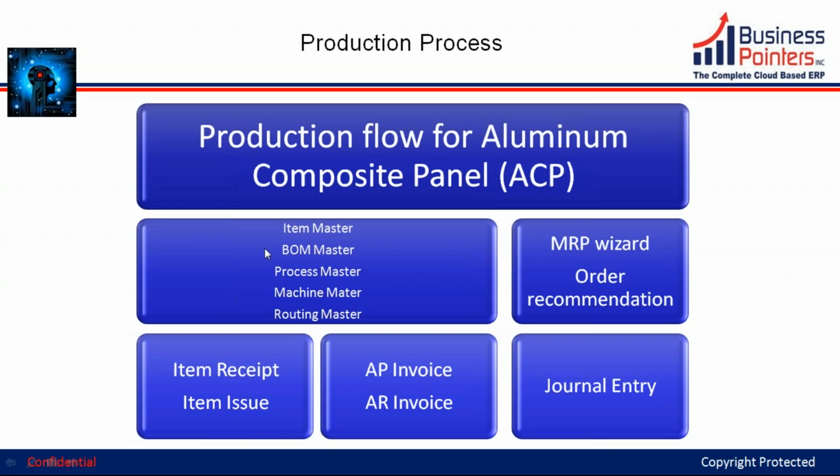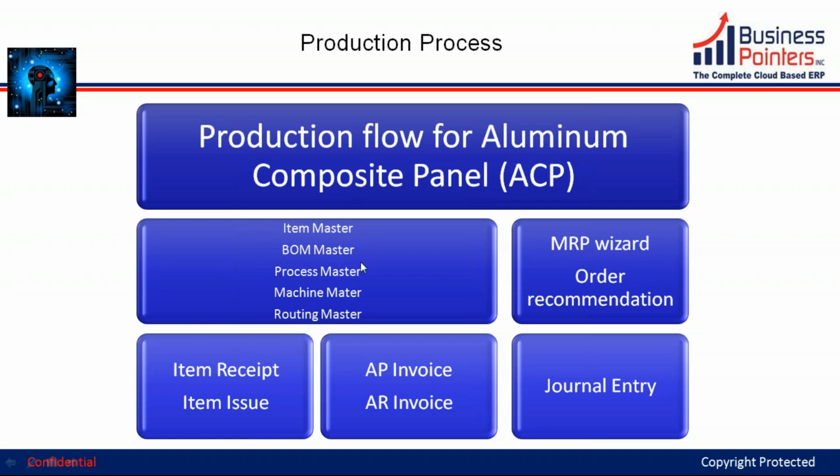Next, we will have the bill of material master. The bill of material master will have a list of all the components that are required for the manufacturing of the product. For example, aluminium composite panel will be the finished product, so the components that are required to make it will be defined in the bill of materials master.